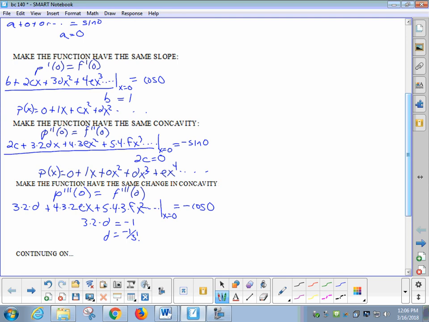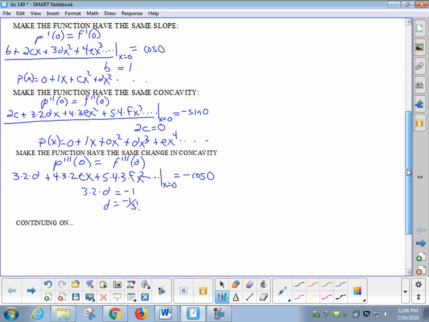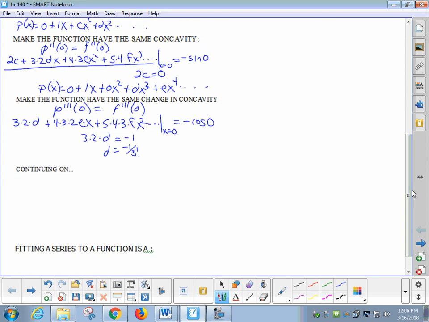All right? So then, looking for maybe a pattern here, now instead of keeping with the derivative idea, at this point we're at p of x is 0 plus 1x plus 0x squared minus 1 over 3 factorial x cubed. Now then, what do you reckon here?